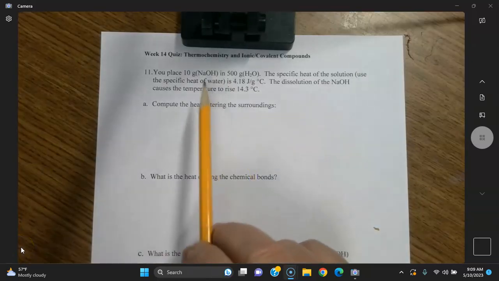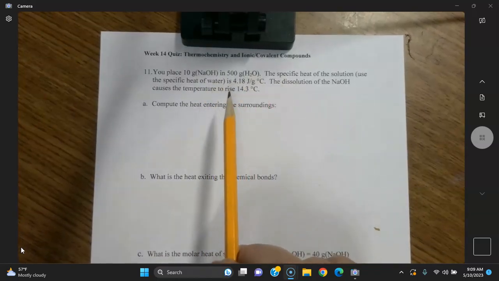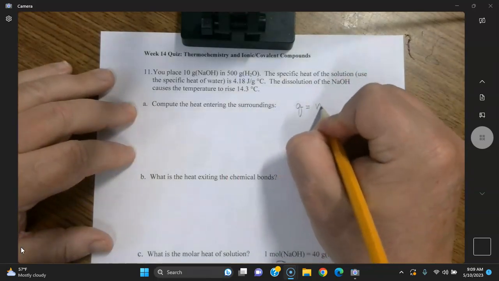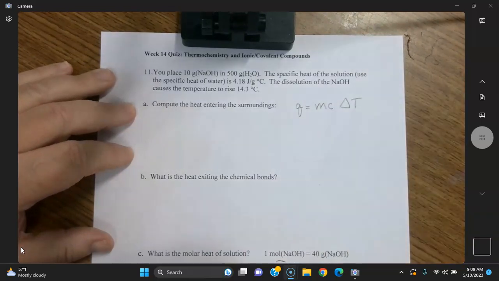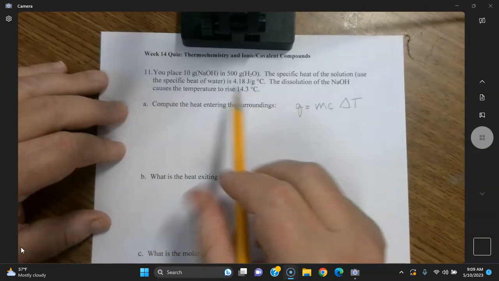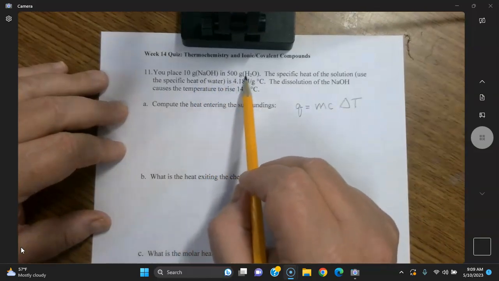Okay, finally, this is a calorimetry problem, just like the one you did in class. Okay, so the formula is Q equals MC delta T. All right, so the mass. You want to know the heat entering the surroundings. So the surroundings is the sodium hydroxide and the water together.